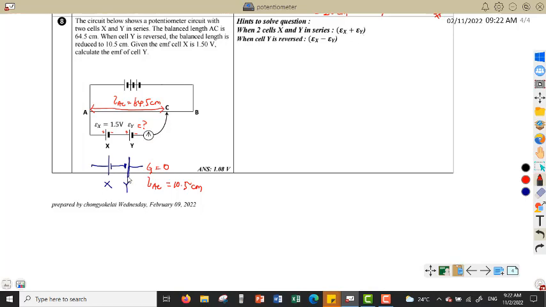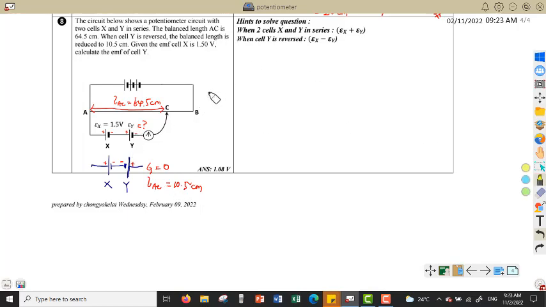But when cell Y is reversed, the negative terminal of cell X is connected to the negative terminal of cell Y, and the total EMF for these two cells in series becomes EX minus EY. That's why our balance length will change. So we want to find EY.